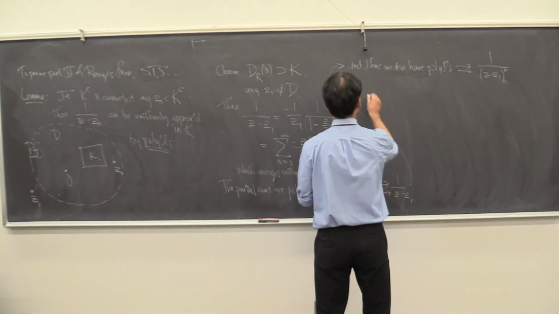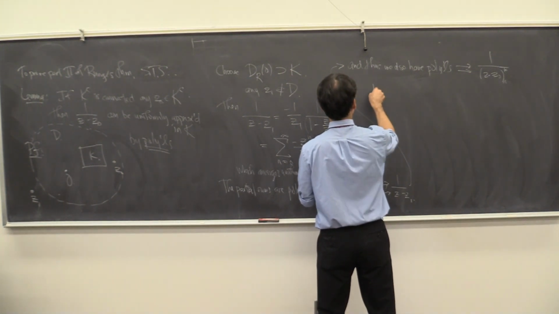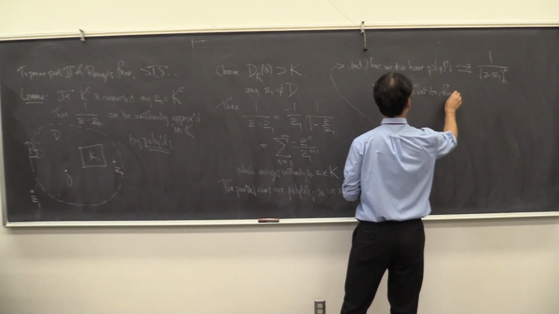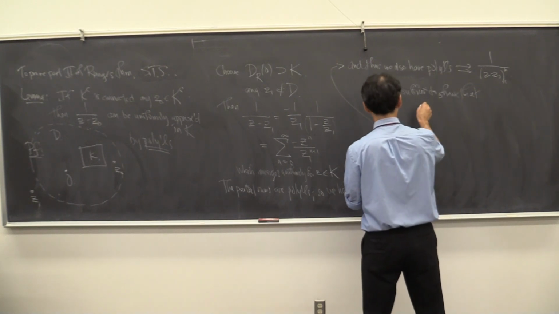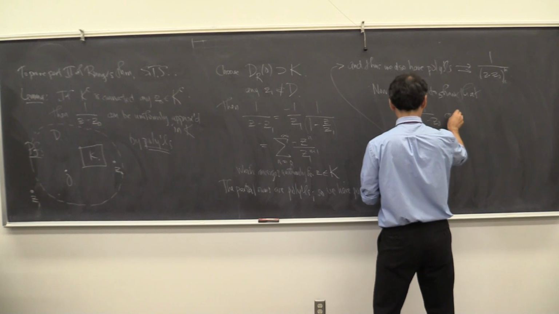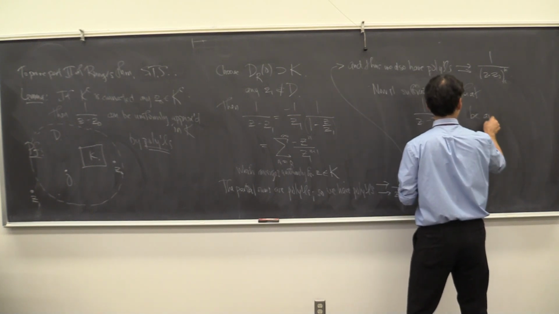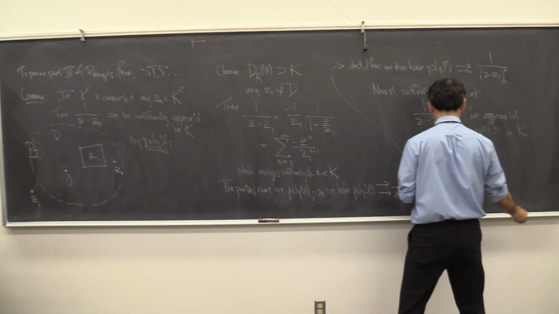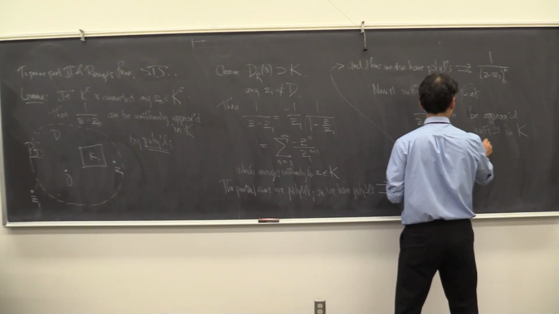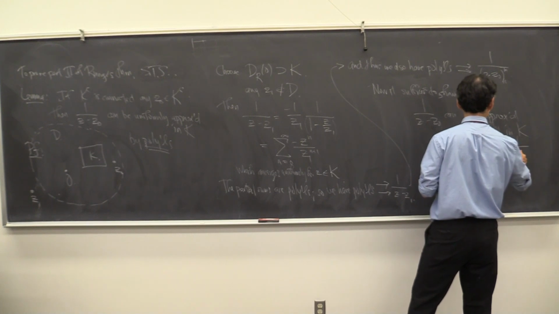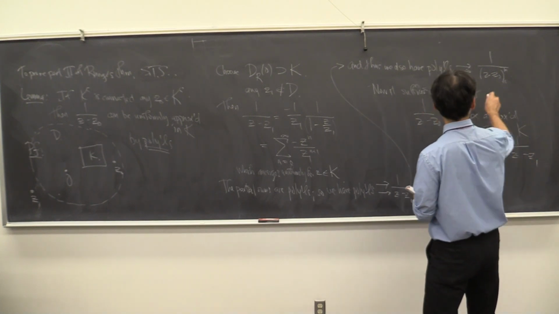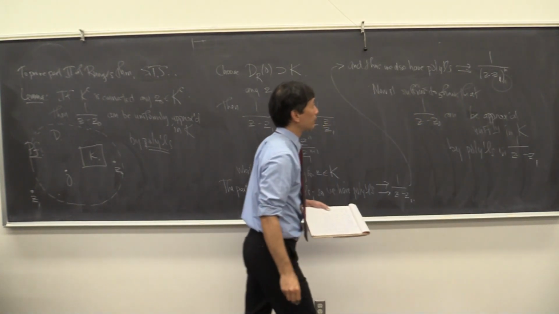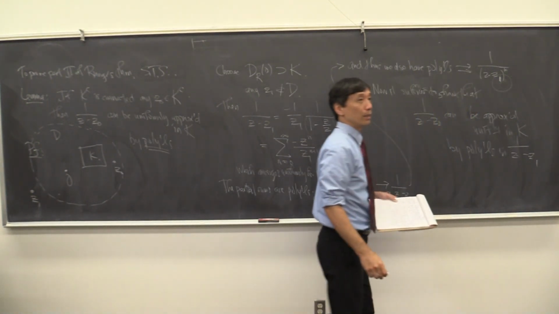So it suffices now to show that 1 over Z minus Z naught can be approximated uniformly in K by polynomials in 1 over Z minus Z1. Wait, sorry, this should be a 1.